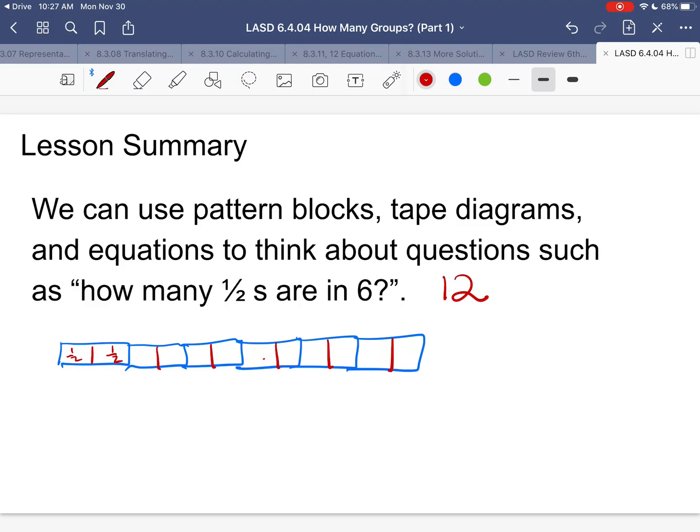If we were to use pattern blocks, we would have drawn them like this. We would draw 6 of these.